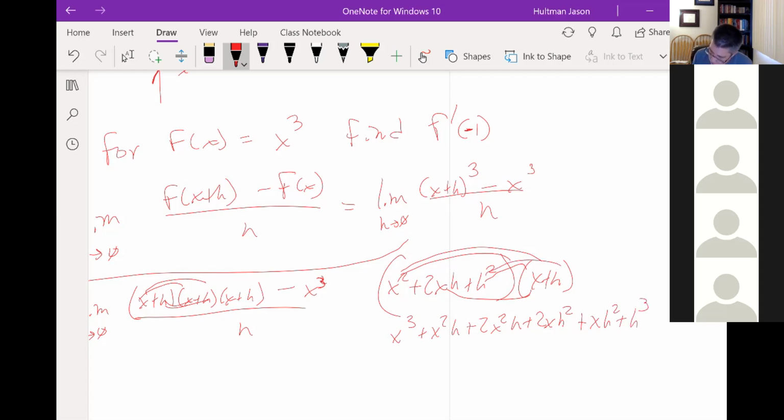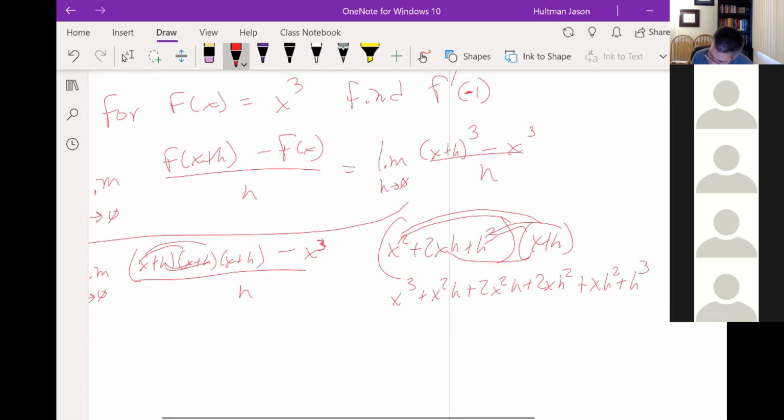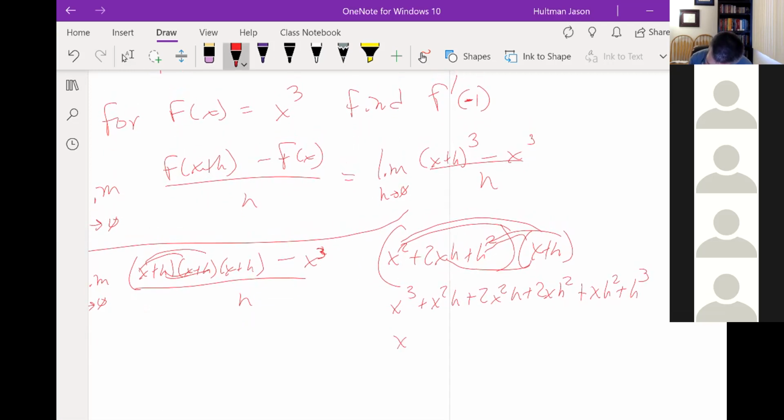Okay, multiply all that out. I can combine some like terms here, the first two and the second two. This is going to be plus 3x squared h plus 3xh squared plus h cubed.